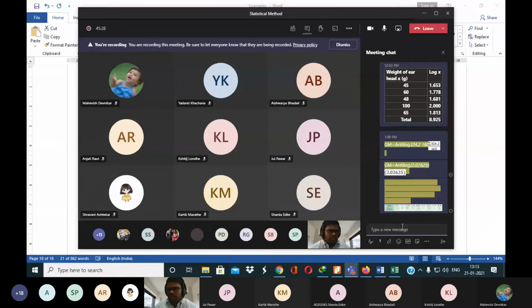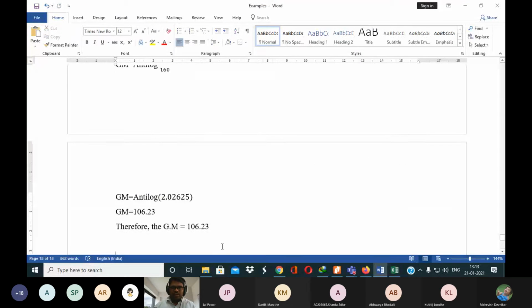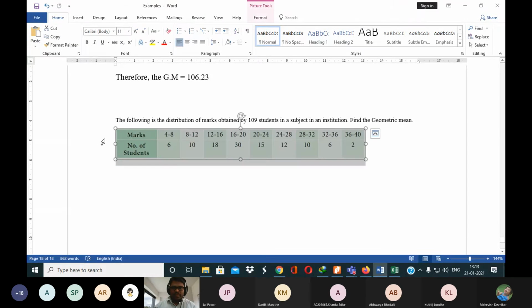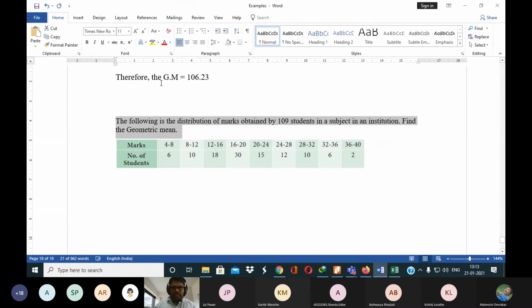This data is provided to you in the chat box. You just use it and try to solve it. Let's see who will come first.